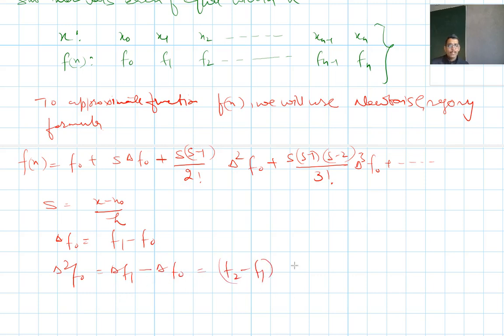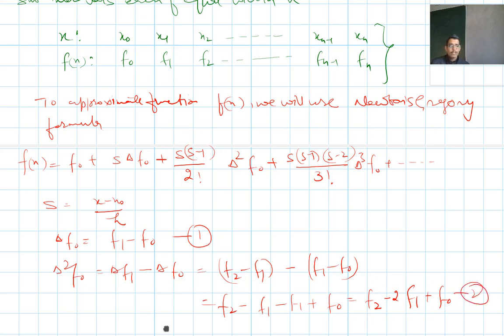So it is f2 minus f1 minus f1 plus f naught, which can be written as f2 minus 2f1 plus f naught. So this is the value of delta square f naught. That is what we have to keep in mind. This is one thing and this is the second thing which we have to keep in mind.